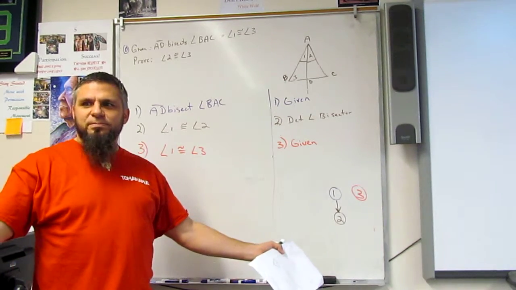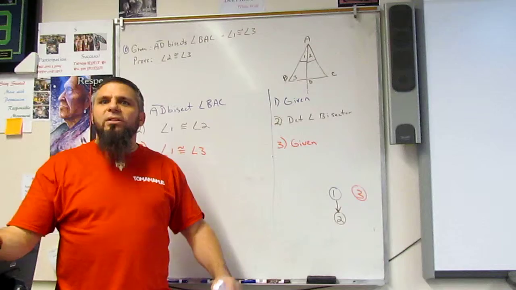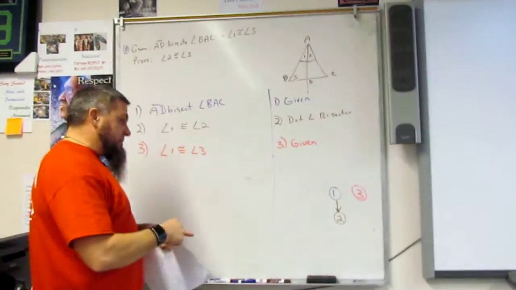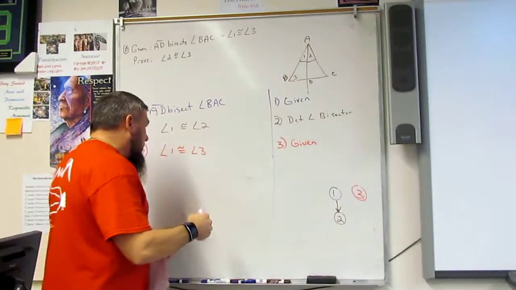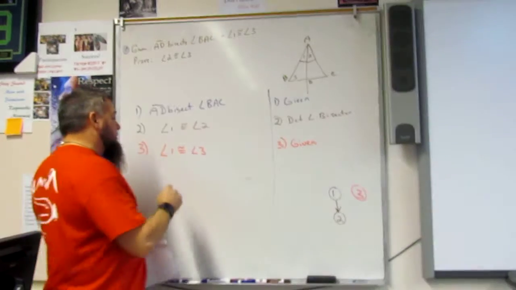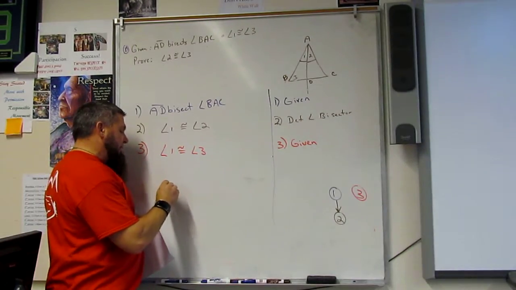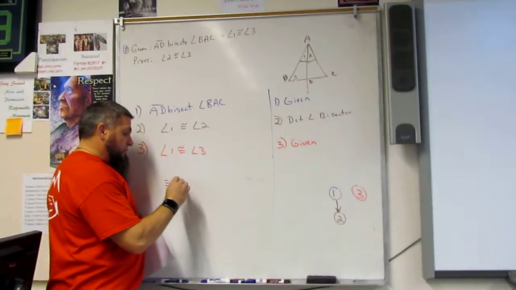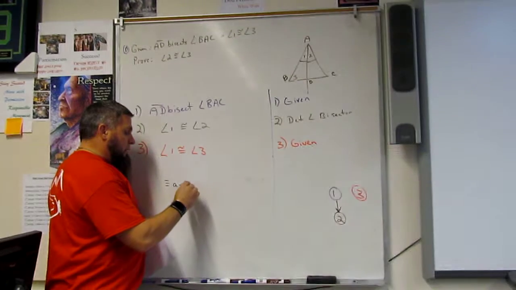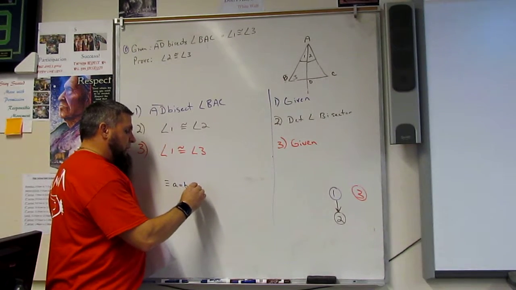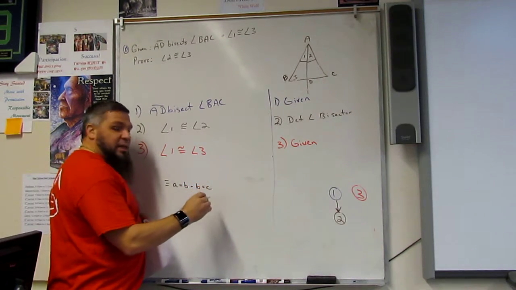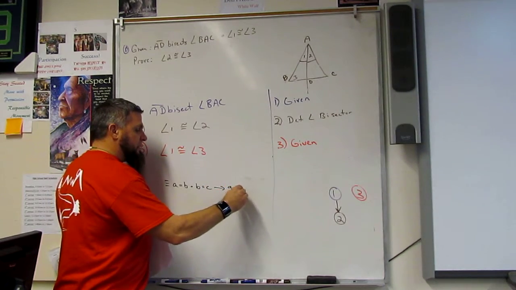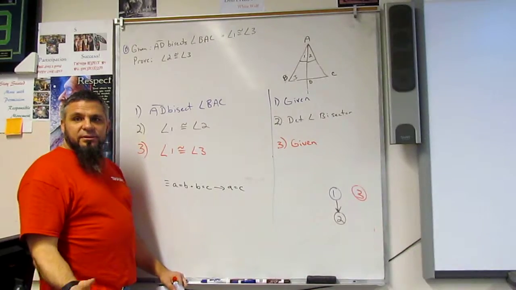I mean, it's just logical, right? What logic are we using there? That's the trick. Okay? We're using if A equals B and B equals C, then A equals C. That's the logic we're using.